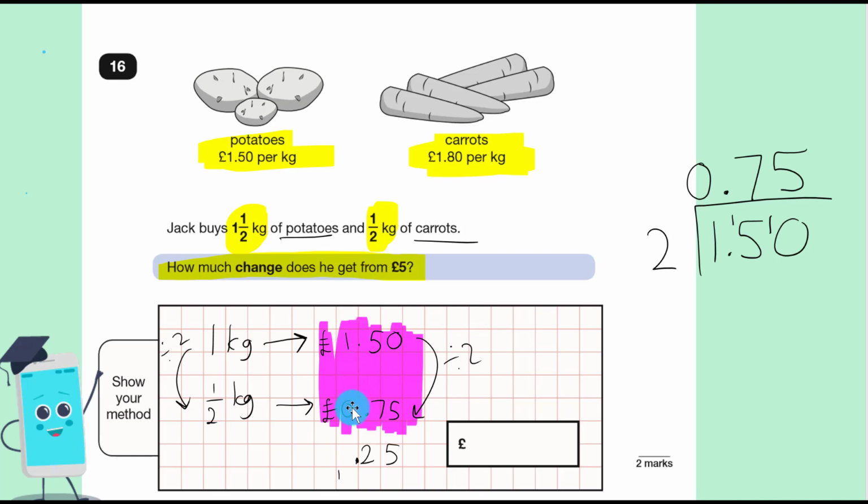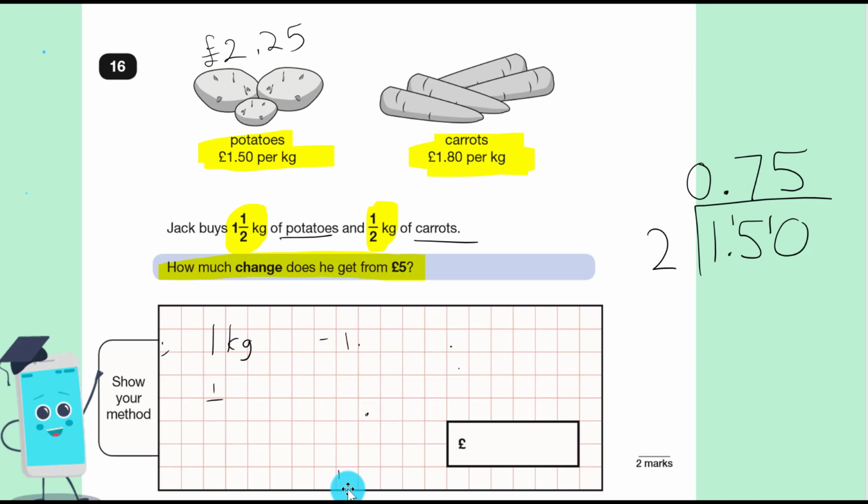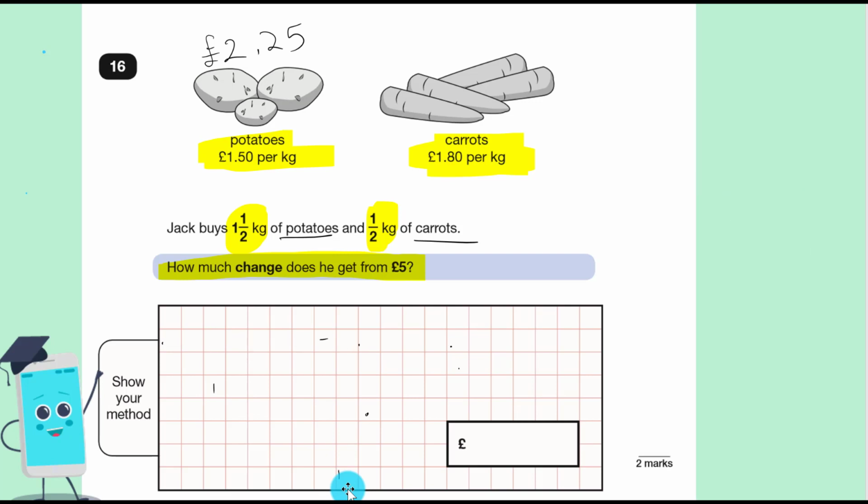And 1 and 0 and my carried 1 is 2. That tells me that my potatoes are £2.25. So I'm going to jot that in. Remember, you can label anywhere you need to on word problems. If you get a question in a test or in class, do as much labelling as you need to.